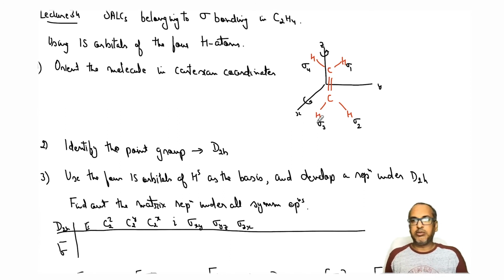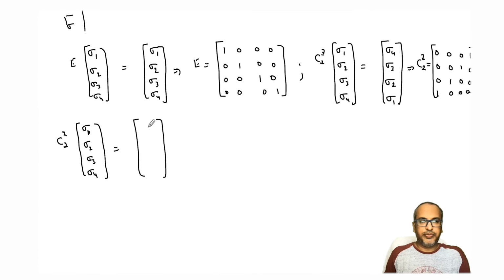So that means now sigma 1 will go to sigma 3, sigma 2 will go to sigma 4, and sigma 3 is going to sigma 1 and sigma 2, right?